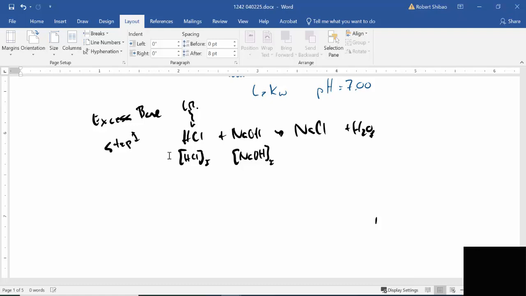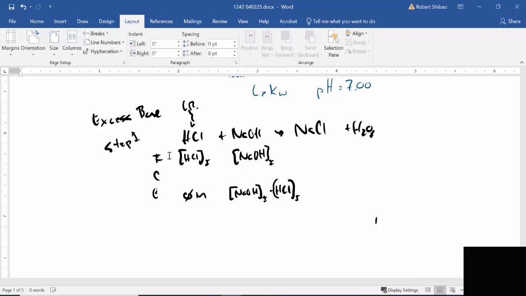Therefore, I'm going to run out of HCl. If I run out of HCl, I'm going to end up at 0 molar HCl. And then I'm going to end up with sodium hydroxide initial minus HCl initial left over as base.